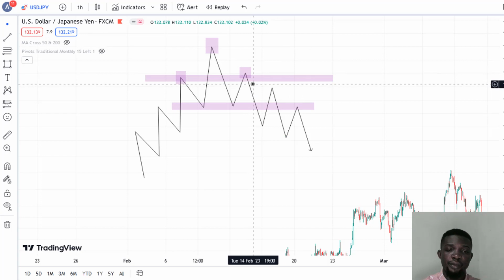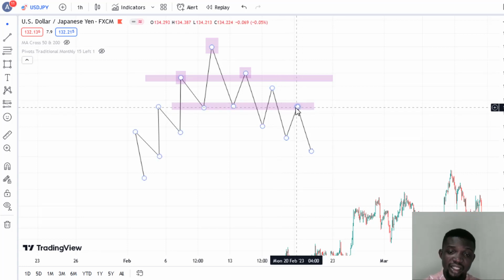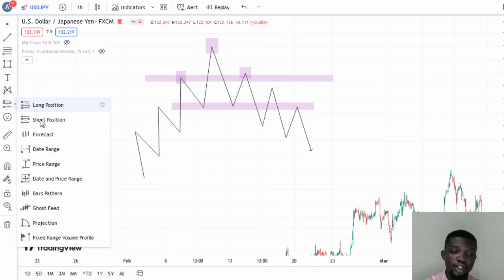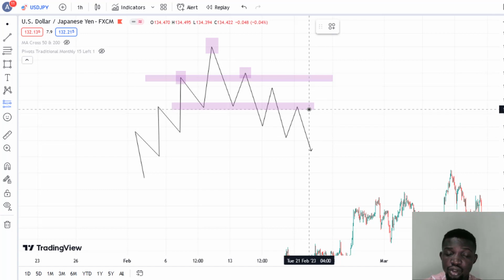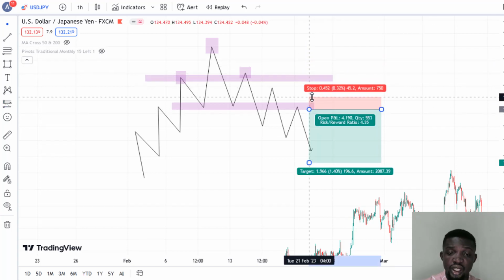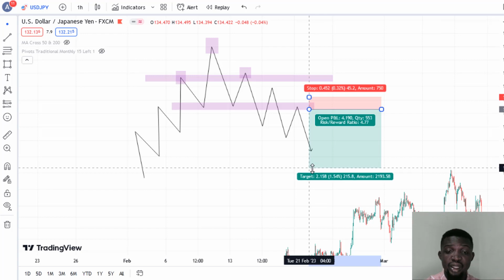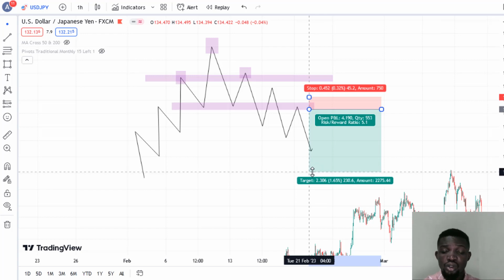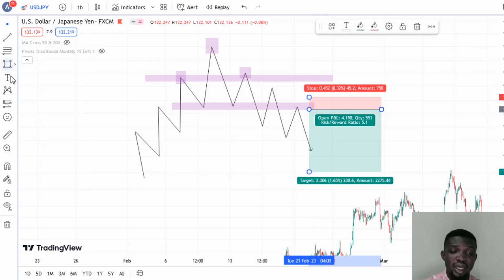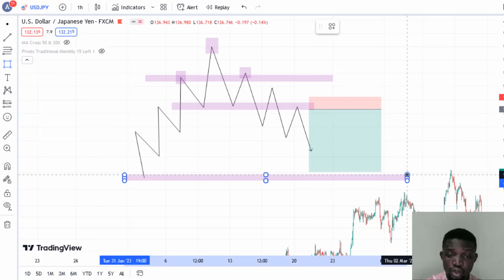So it's much preferable to wait for the break of this neckline and the retest of this neckline before you make your sell entry. So you make your sell entry from here. You put your stop loss a little bit above your reversal candlestick, and then you target your profit at the support that's going to be down here.